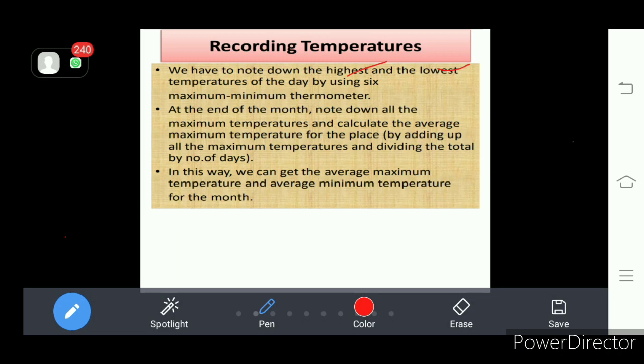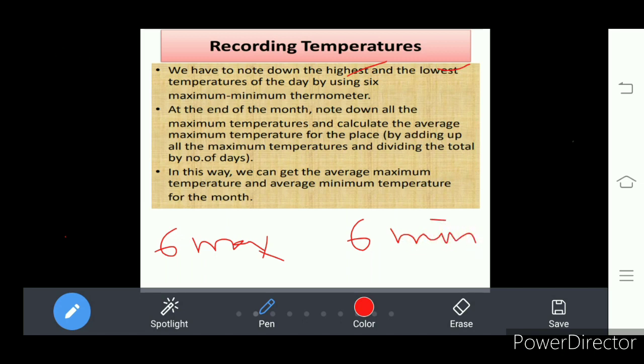In a particular day we have to record the highest and lowest temperatures of the day using the thermometer. So how many times? Six times maximum temperature and six times minimum in one day.